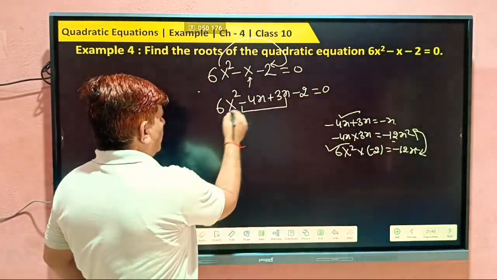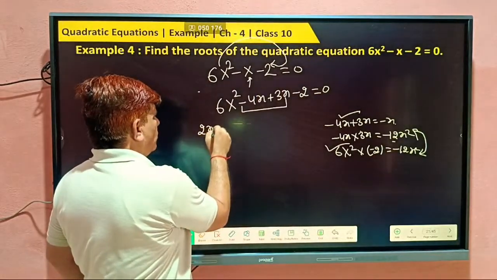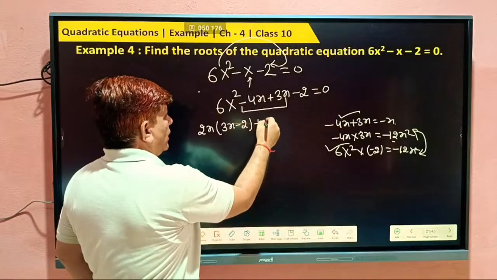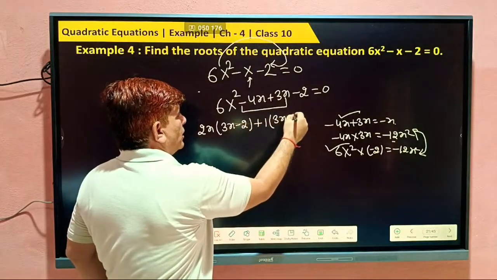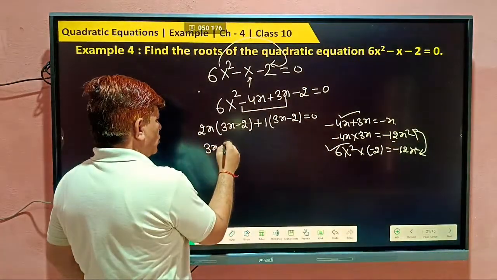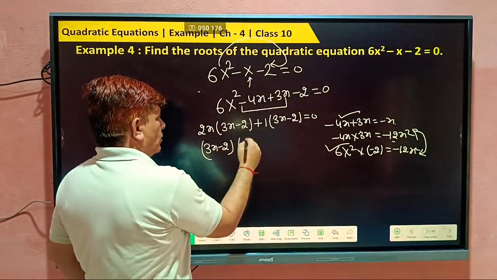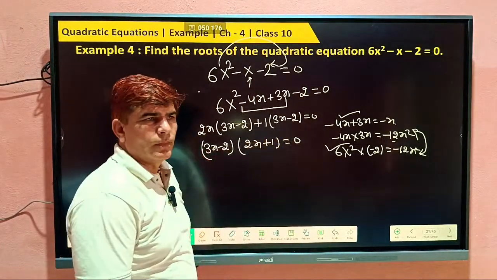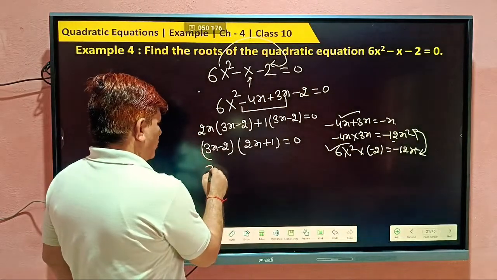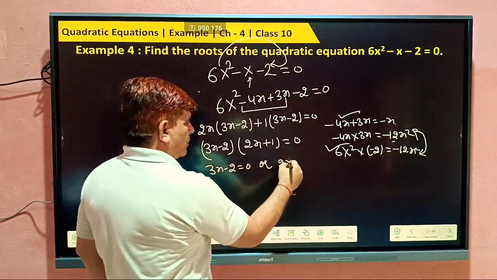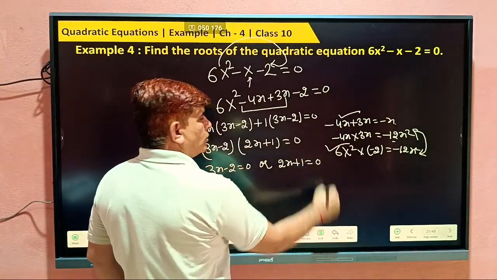After this, taking common, which is common? 2x is common. So 3x minus 2 plus 1 taken common, 3x minus 2. Now 3x minus 2 is common and 2x plus 1 equal to 0. Then put these equal to 0: 3x minus 2 equal to 0 or 2x plus 1 equal to 0, or both equal to 0.